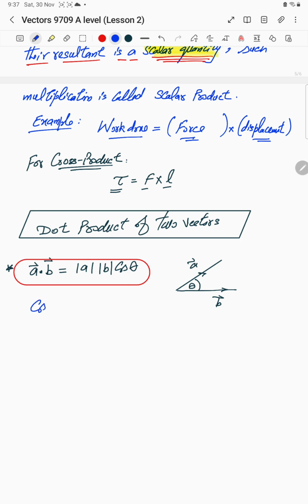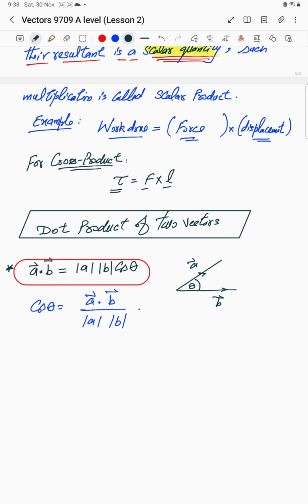We can say cos theta equals the dot product of the two vectors divided by their respective moduli, and this will help us to find the angle theta. But what to do when they are cross multiplied? Cross multiply is the case I told you has been discarded from the syllabus. Two vectors times their moduli with sine theta, but we are not going to discuss it.